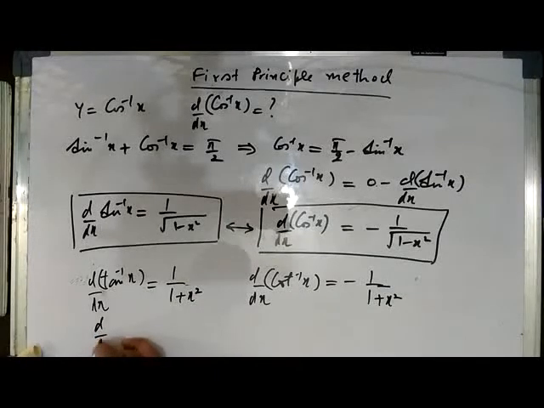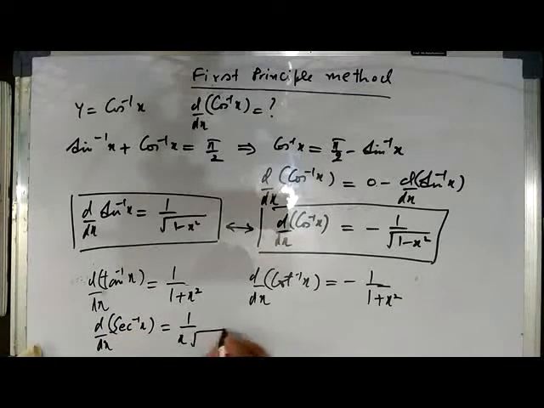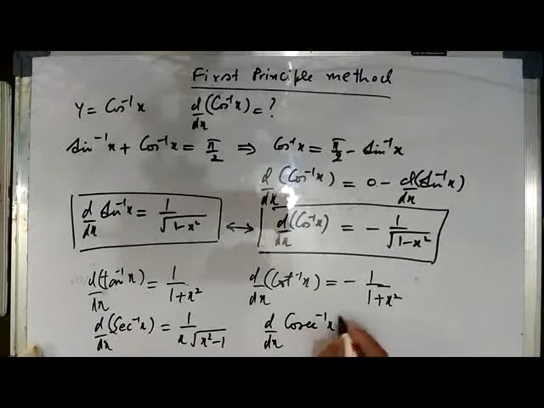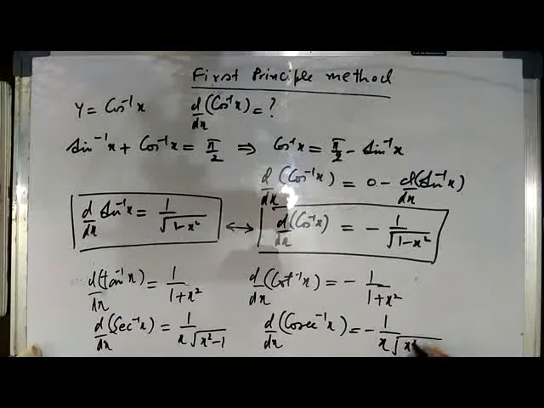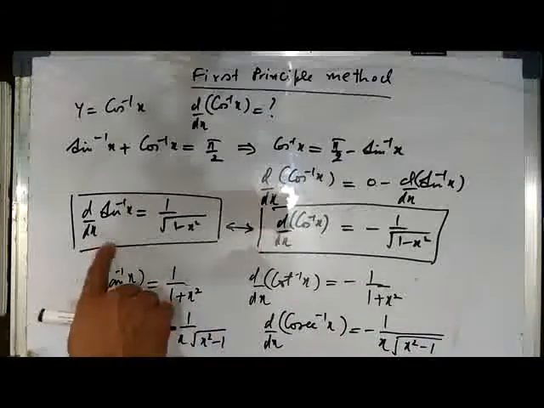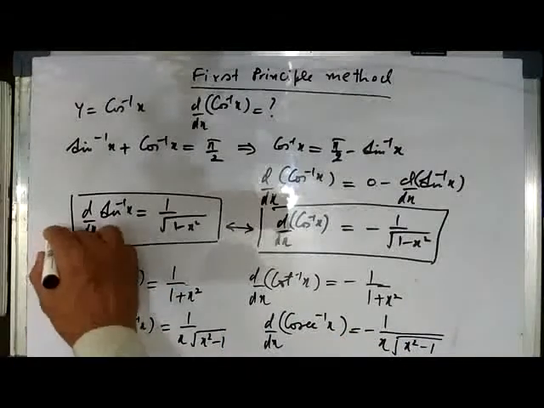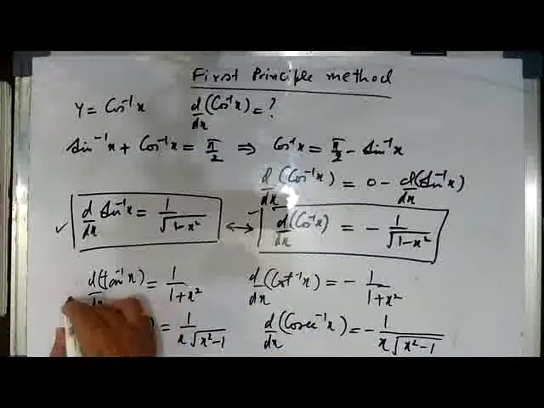And if we establish the differential of sec inverse x as 1 upon x under root x square minus 1, then the differential of cosec inverse x will be minus 1 upon x under root x square minus 1. These are the basic formulas, and once again I will explain how all these 6 formulas are coming.